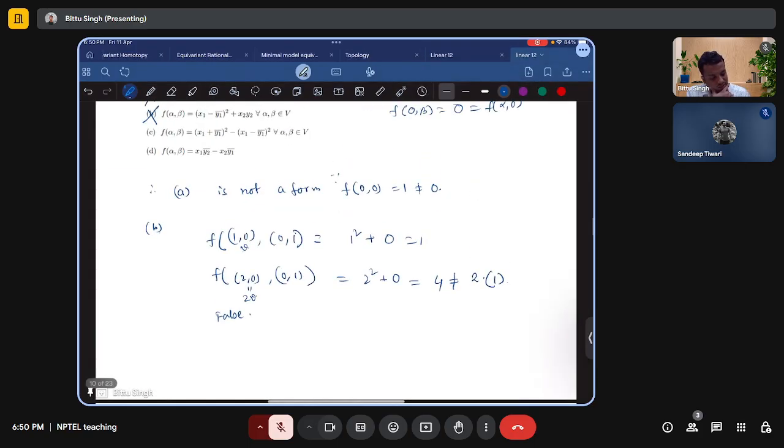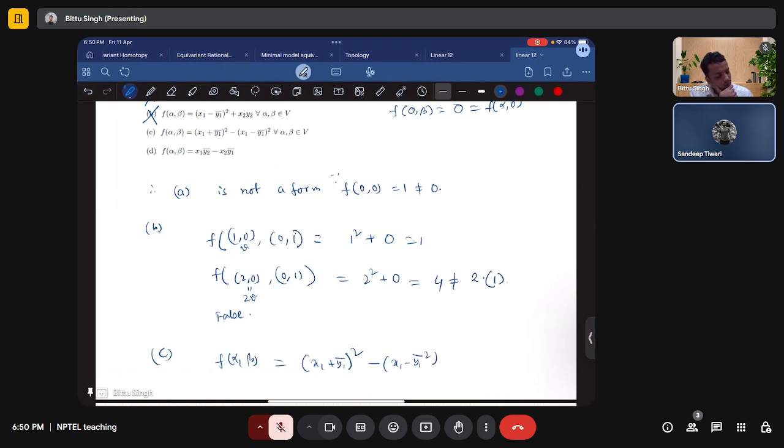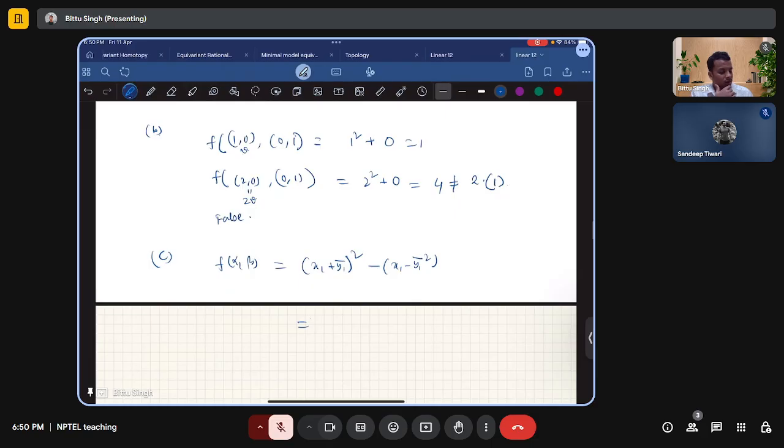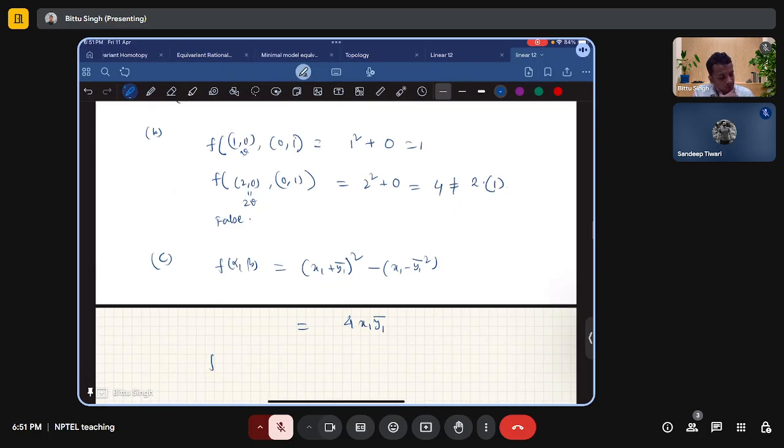So it seems like some square appears, but if we see carefully, if we just write explicitly, this is same as 4 x1 y1 bar, right? So again this is a form, because we can check the properties.